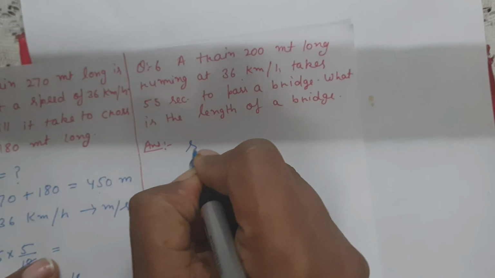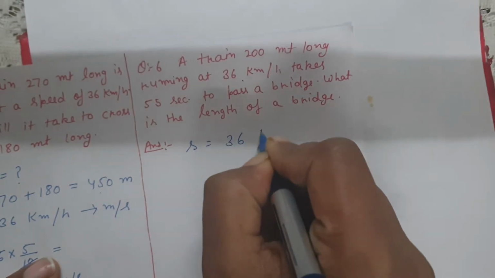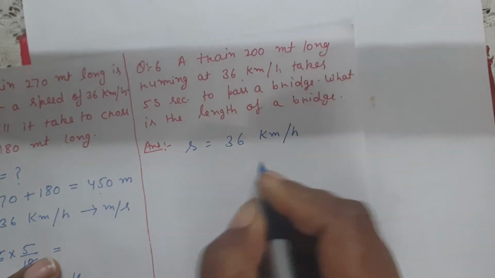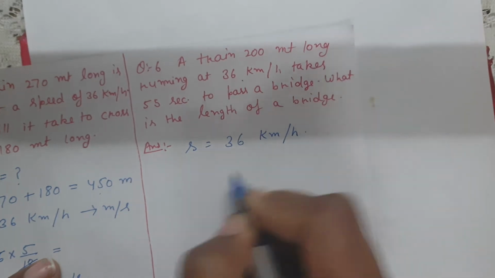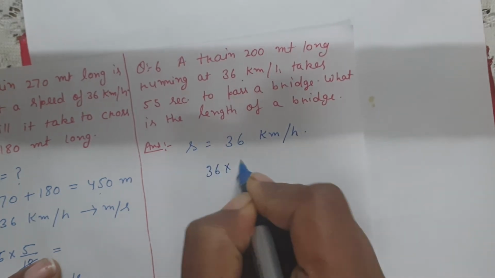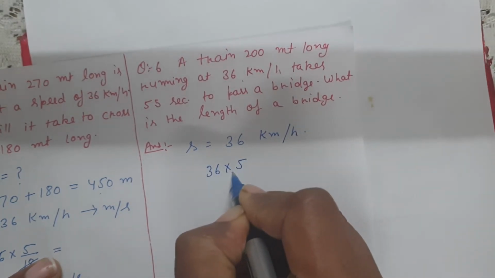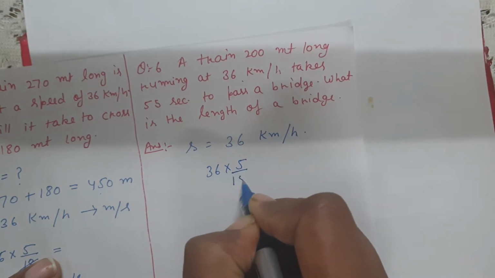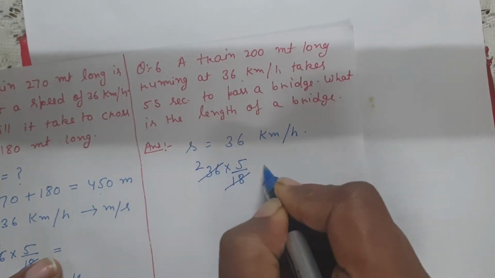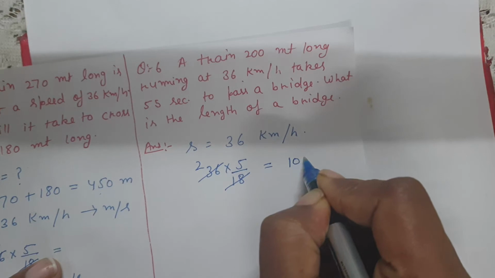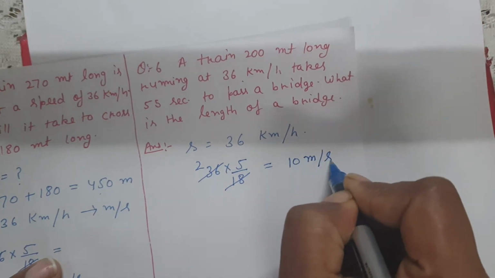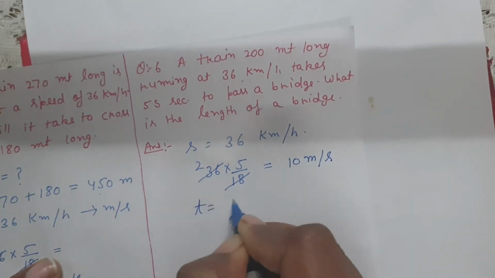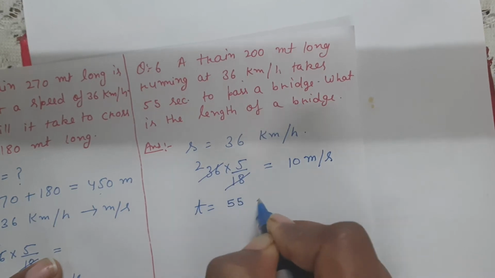So speed is 36 km per hour converted into meter per second. So 36 into 5 upon 18. 18 twos are 36. So 10 meter per second. And we know time is 55 second.